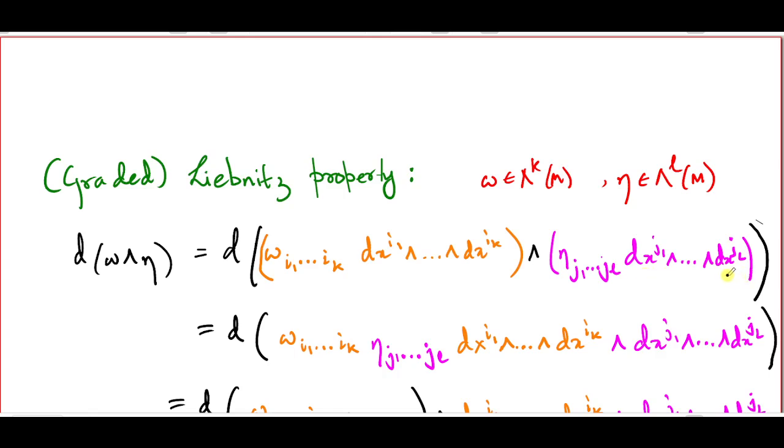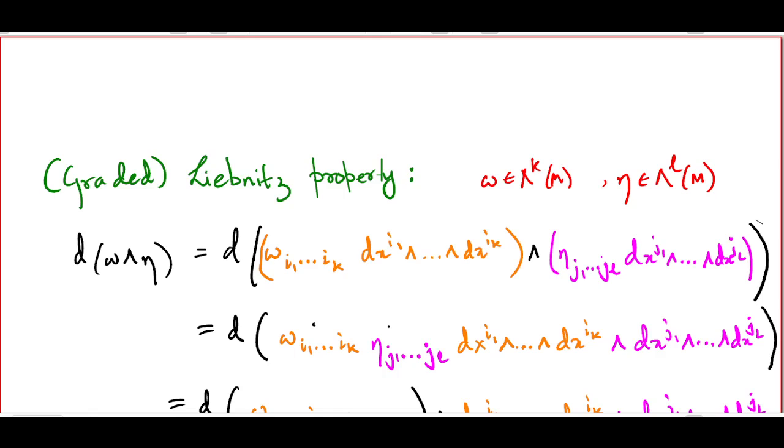Once again, remember, with coordinate differentials, which are one forms, wedge products are anti-commuting, so the order has to be maintained carefully. We are going to do a d of this whole expression, which is a function, namely omega times eta, multiplied by a bunch of dx's wedged together.